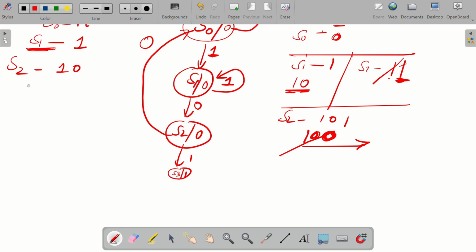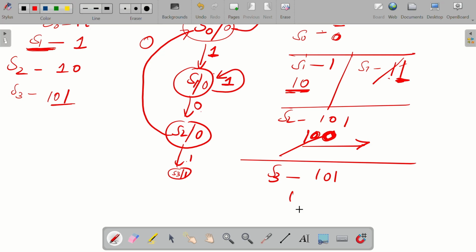Now we will discuss S3 state. We can figure out from the diagram that if you get a 101, you reach the S3 state. So in S3, I already have 101 with me.